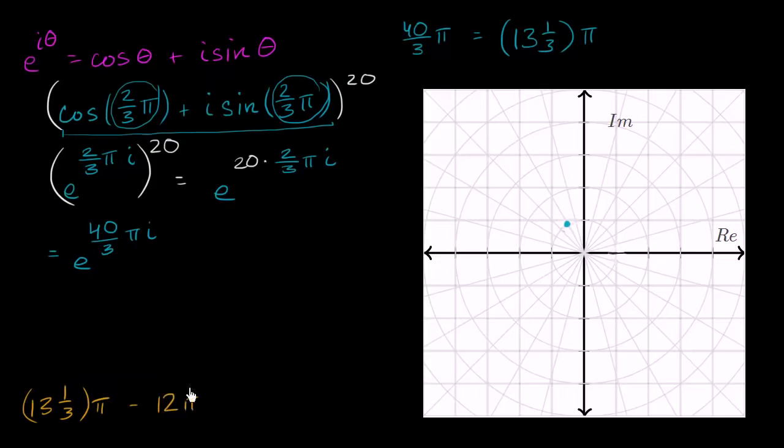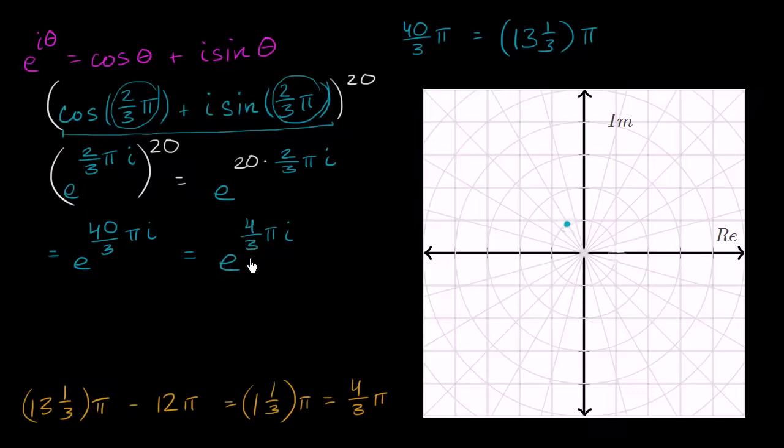Remember, I'm just trying to subtract the largest multiple of 2 pi that I can. 13 1/3 minus 12 is 1 1/3, so that's 1 1/3 pi, or we could write it as 4/3 pi. So this complex number is equivalent to e to the 4/3 pi i. This makes it much simpler and much easier for me to plot.